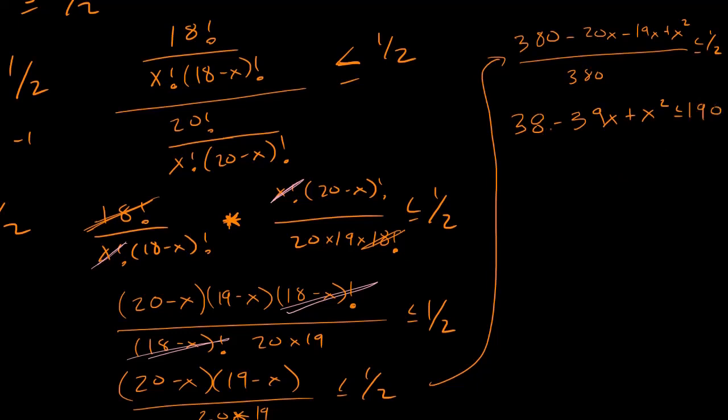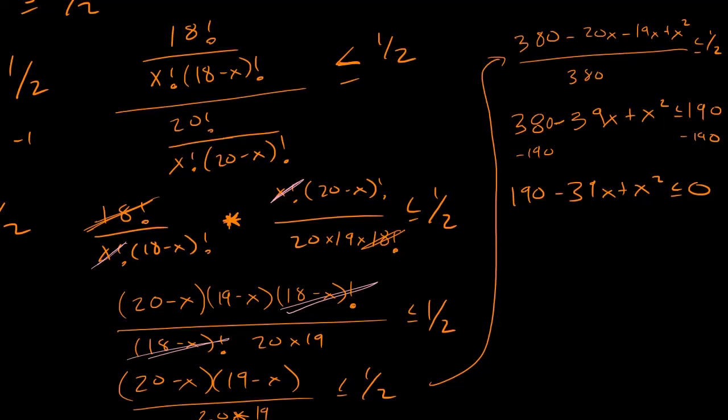Oops, I forgot the 0 there. So 380 minus 39x plus x squared. All right, subtract 190 from both sides, and I get 190 minus 39x plus x squared is less than or equal to 0. Okay, and then I need to basically solve for x, right?